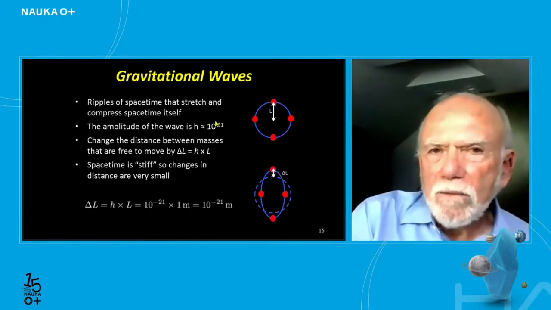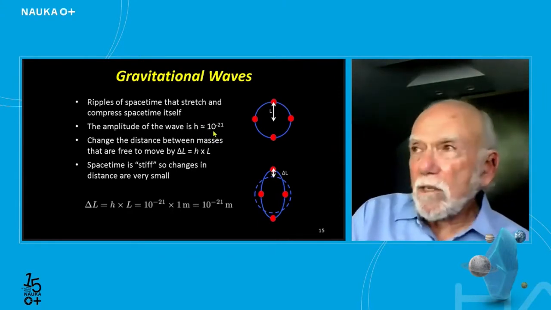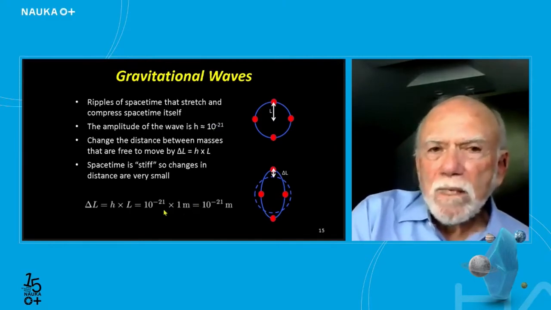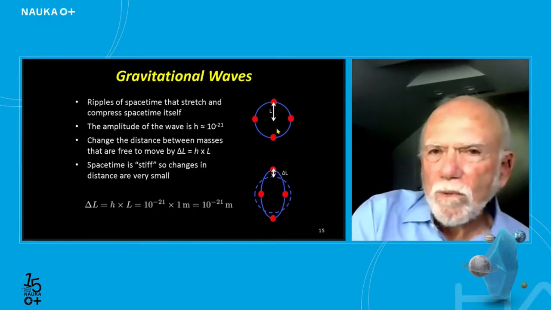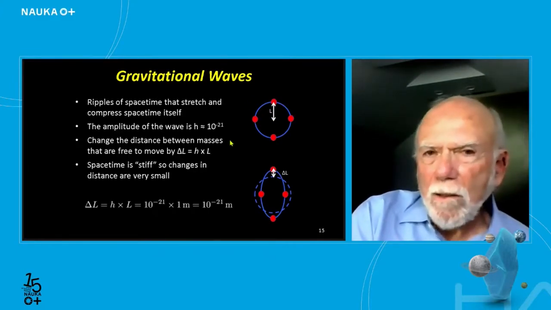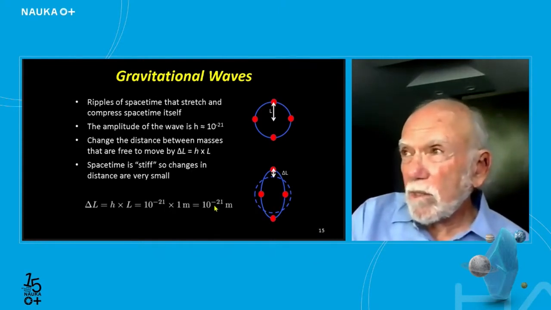The size of this effect that we measure is 1 part in 10 to the 21, shown here at the top. And basically, that means if I want to measure this distortion, and I make a detector that's 1 meter in size, it would be a distortion of only 10 to the minus 21 meters.